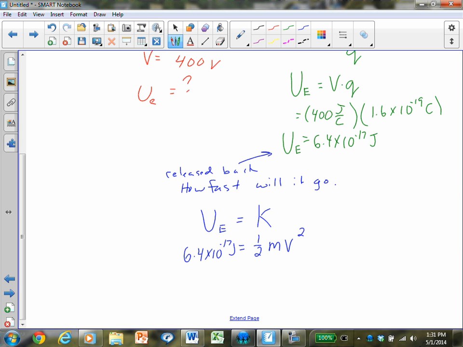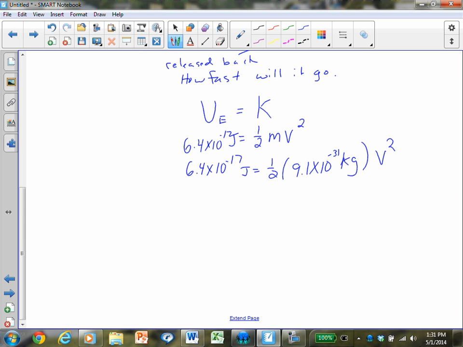What's the mass of an electron? 9.1 times 10 to the minus 31 kilograms, times V squared.